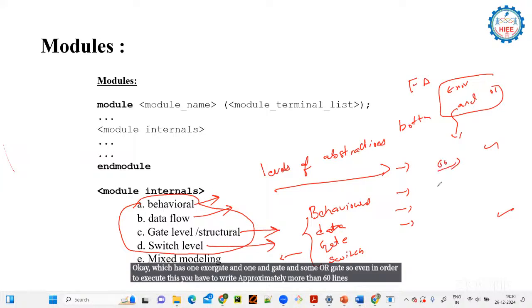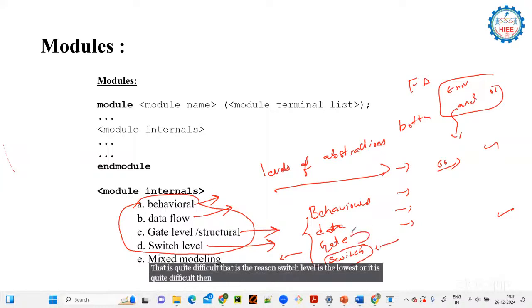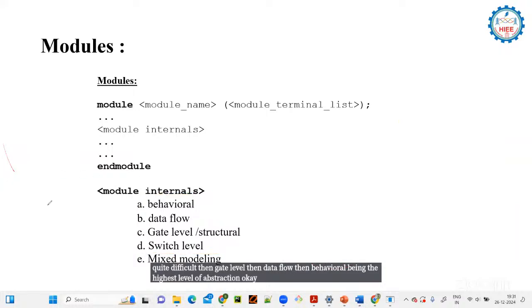That is quite difficult. That is the reason switch level is the lowest. Then gate level, then data flow, then behavioral being the highest level of abstraction. So this is about different levels of abstraction in Verilog.